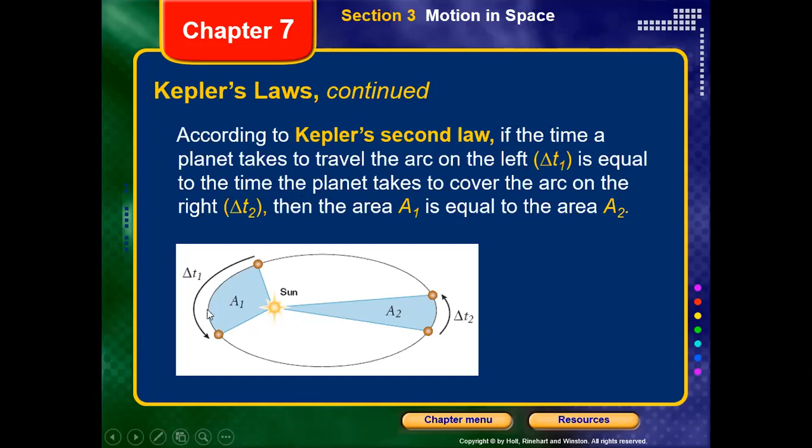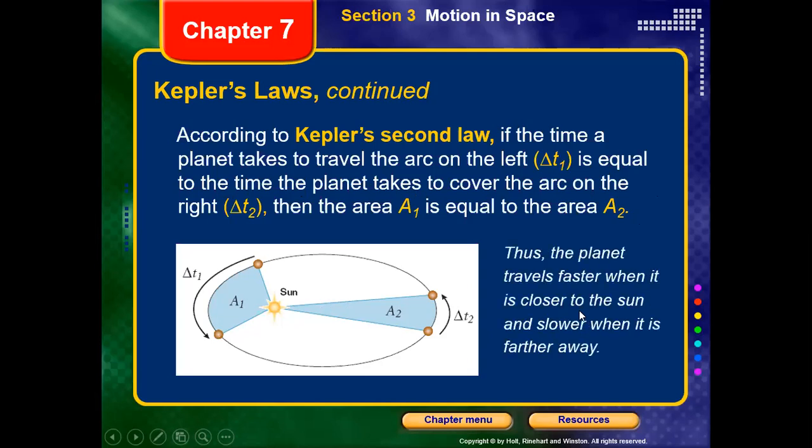If this time equals this time, this area will equal this area. This is according to the second law. Thus, the planet travels faster when it is close. As I told you, here it will be fast, and here it will be slow.